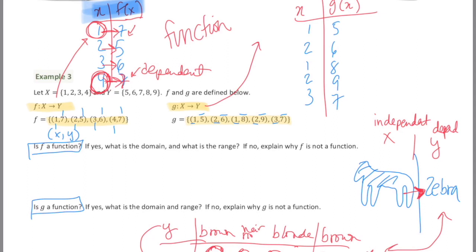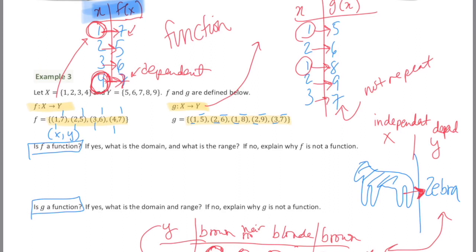Now, let's go ahead and look at this next one. G of x, we have 1 that corresponds to 5, 2 that corresponds to 6, 1 that corresponds to 8, and so on and so forth. So first thing that you notice is like, oh, the dependent variable does not repeat. That's cool. Now, in this case, though, I have the independent variable, 1, that corresponds to two different values, 5 and 8.